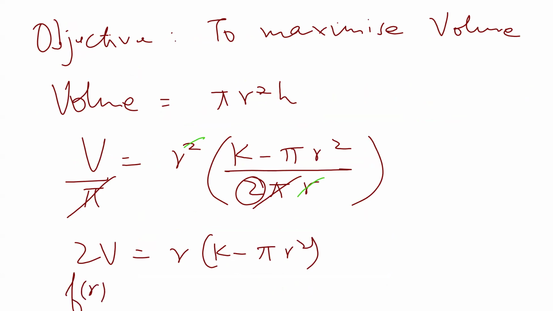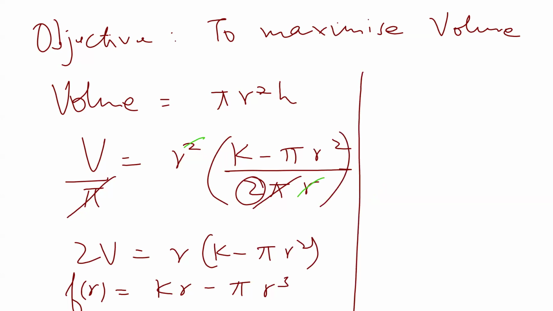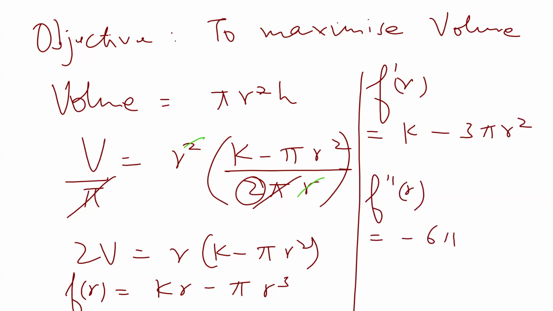So f of r is equal to kr minus pi r cube. Did you understand? f dash r is equal to k minus 3 pi r square, and f double dash r is equal to minus 6 pi r. We got the value of f dash r and f double dash r.